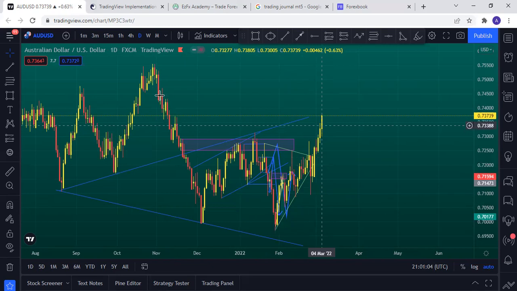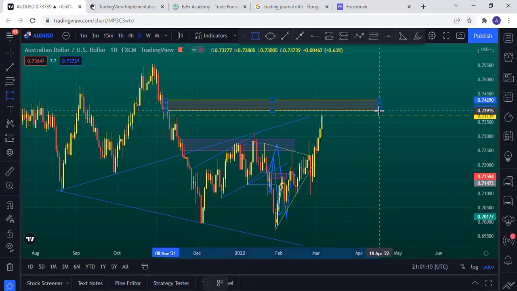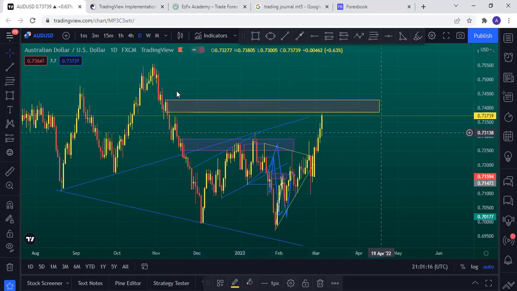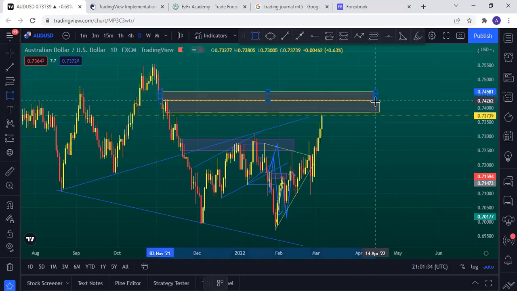All right, so what's next for AUD-USD? I think for me, that's a zone. All right, that's one of the zones. We also have this. All right, we have that as well.